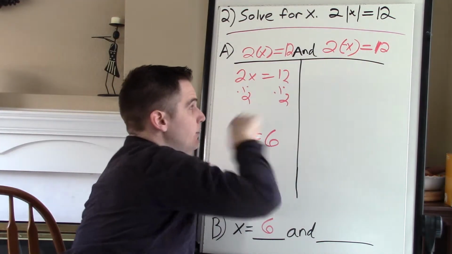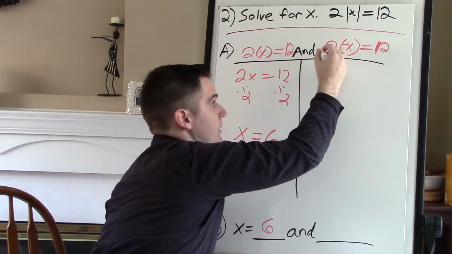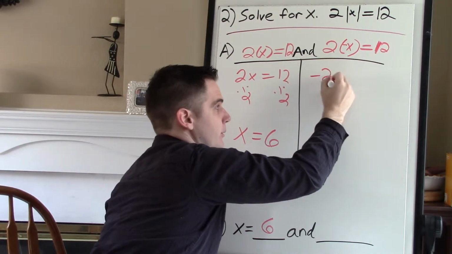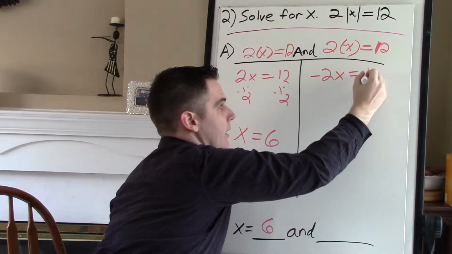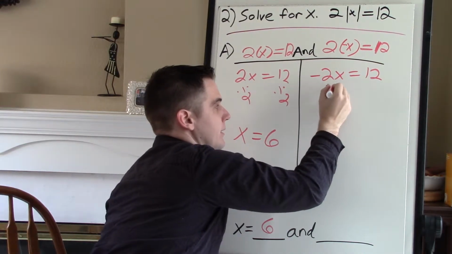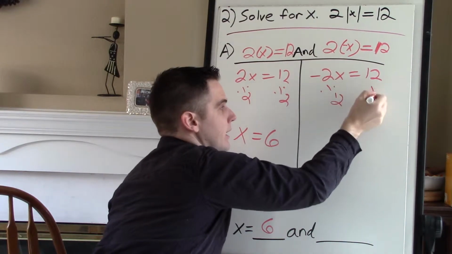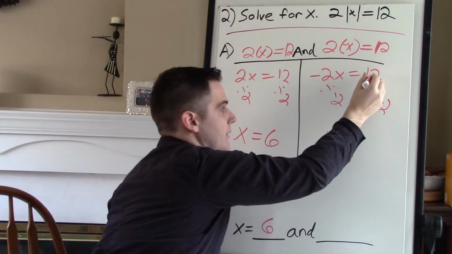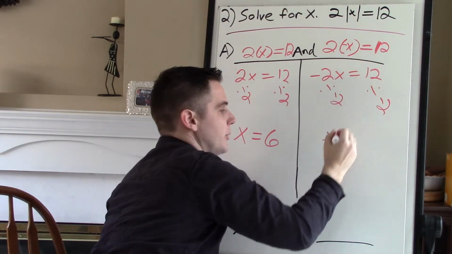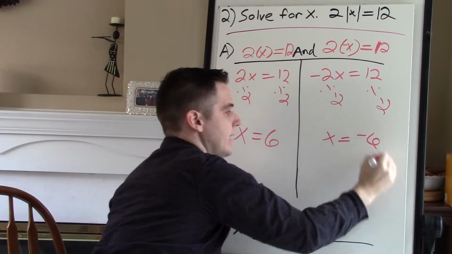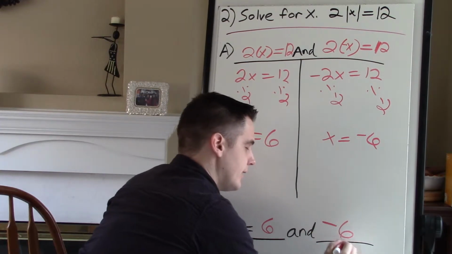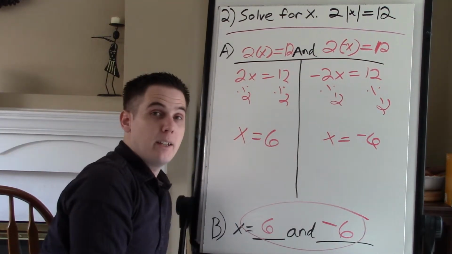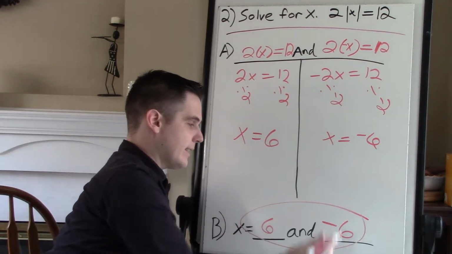And then over here, 2 times negative x is negative 2x equals 12. Solve, divide by negative 2, divide by negative 2. x equals positive 12 divided by negative 2 equals negative 6. Put that down here. And then we're done. x is 6 and negative 6.